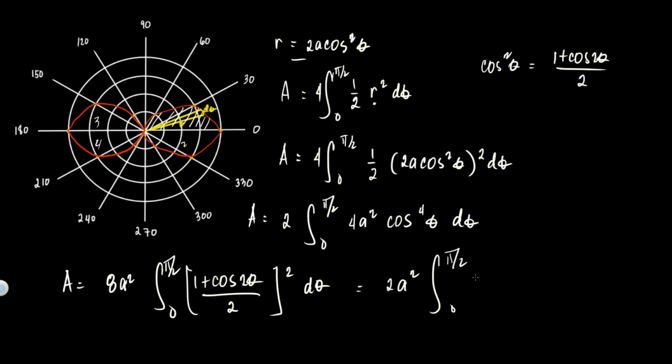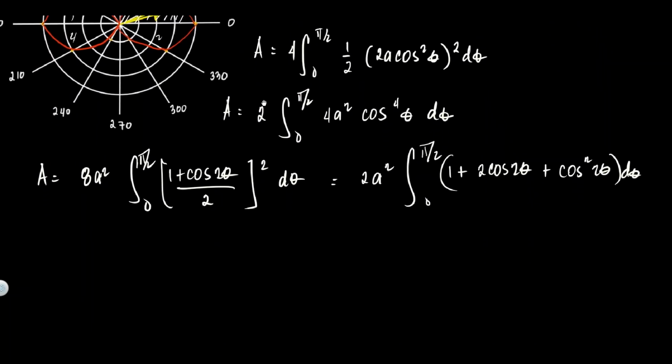So 1 plus 2 cosine 2 theta. Okay? Plus cosine squared 2 theta d theta. Limit 0 to pi over 2. Then, integrate. Okay? So, integrate.